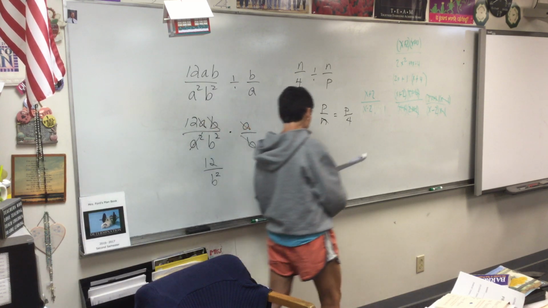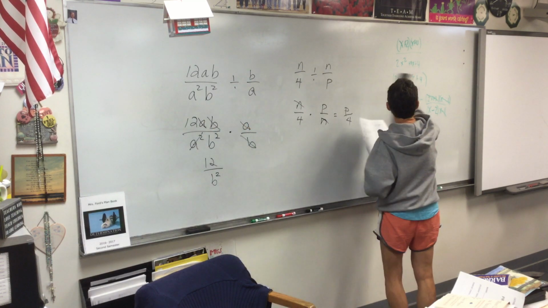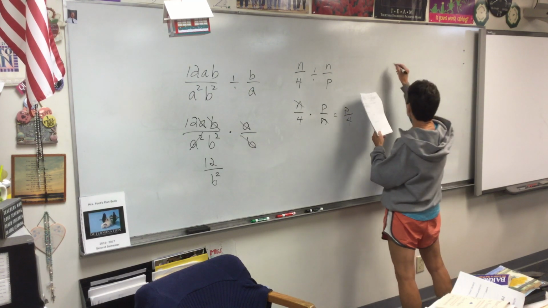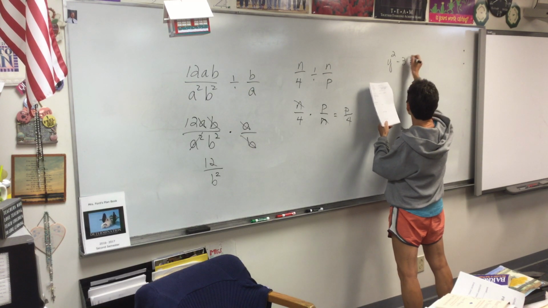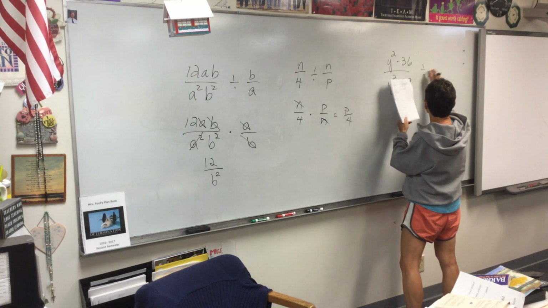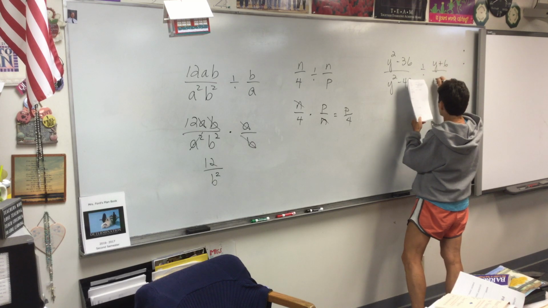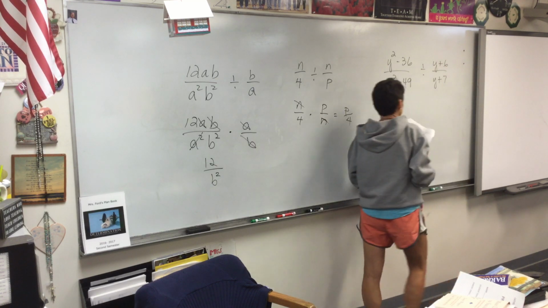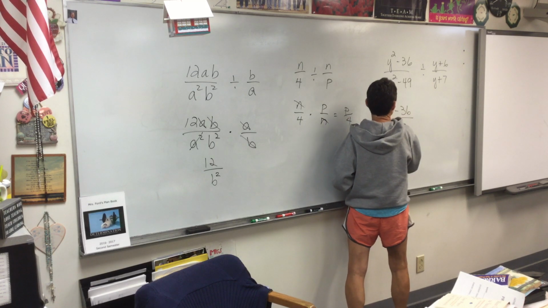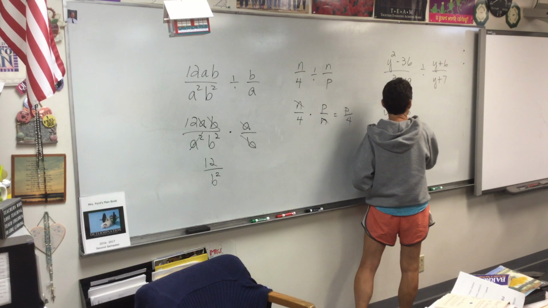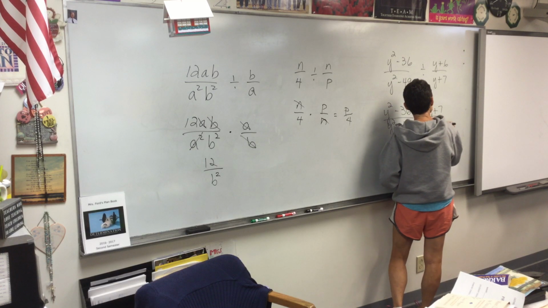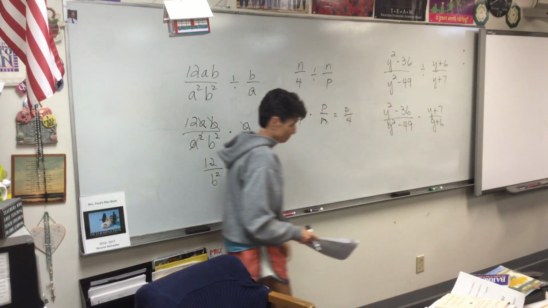I'm going to skip down to number 6. Hannah, are you seeing how these are really the same as the ones we just did? They just have that first step that's a little bit different. So I have to flip that second one, turn it into a times, flip it over. And then what do I need to do?